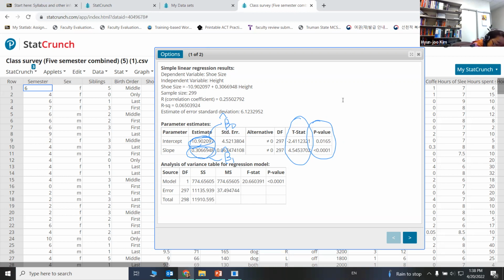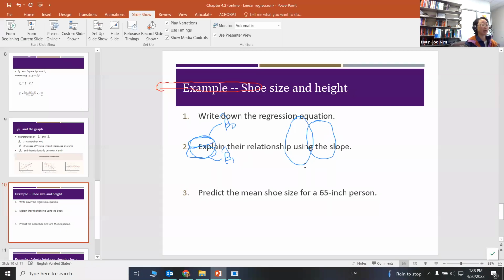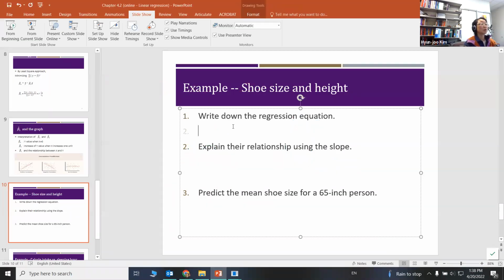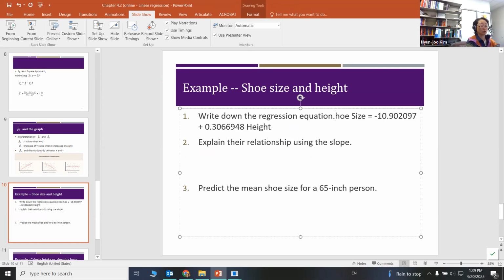There are other places where you can also find your line, which is just right there. So this is your linear equation. I'm going to copy and paste it here, and your equation will look like that.